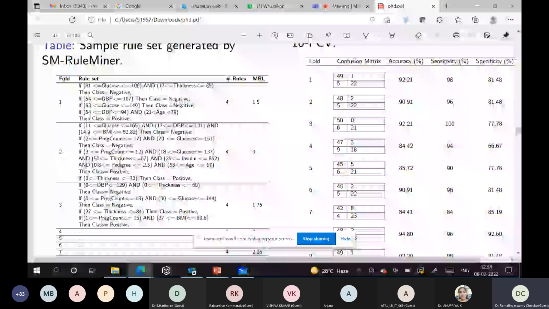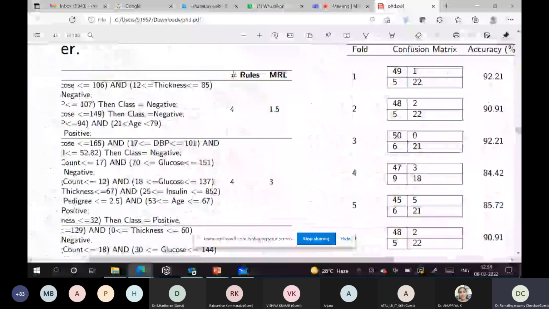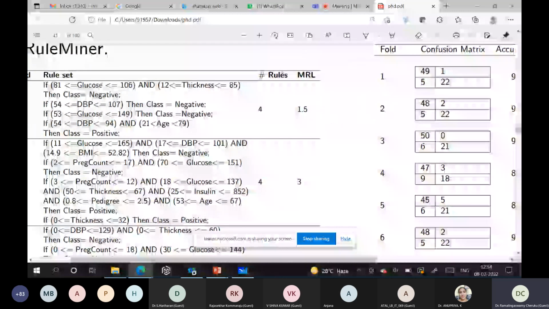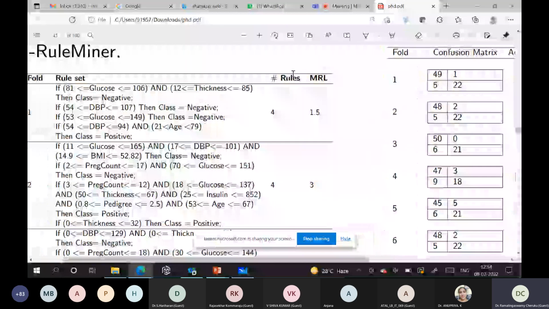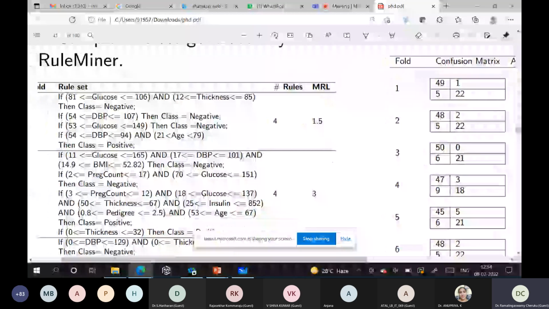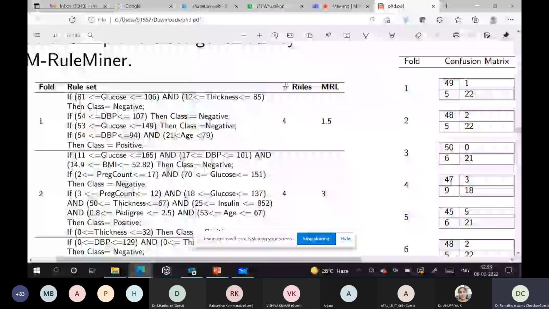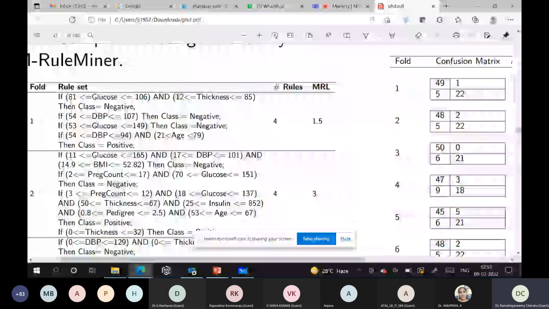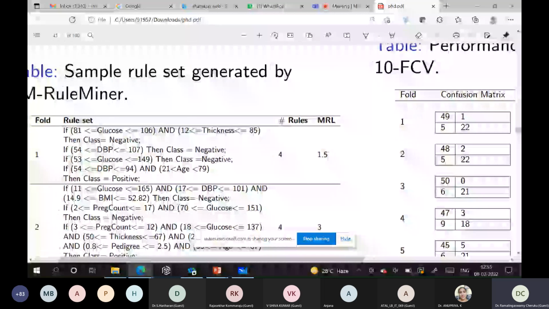When doing this process for one of the folds, we looked at how many rules were generated. For the negative class data, 3 rules were generated, and for the positive class data, 1 rule was generated. Together, the rule set has 4 rules. Then there is the mean rule length, MRL, which is the average length of the rule. That measures the compactness of your rules. How did we compute it?